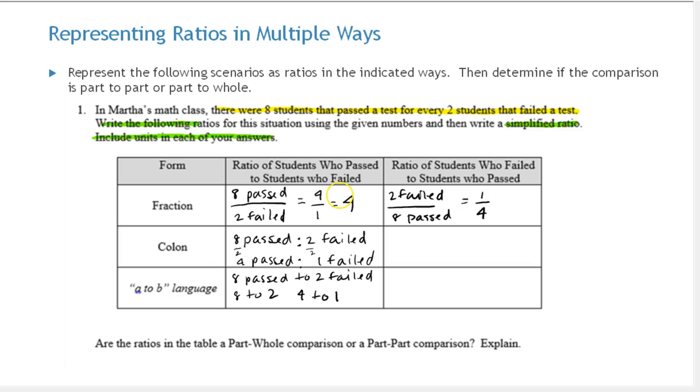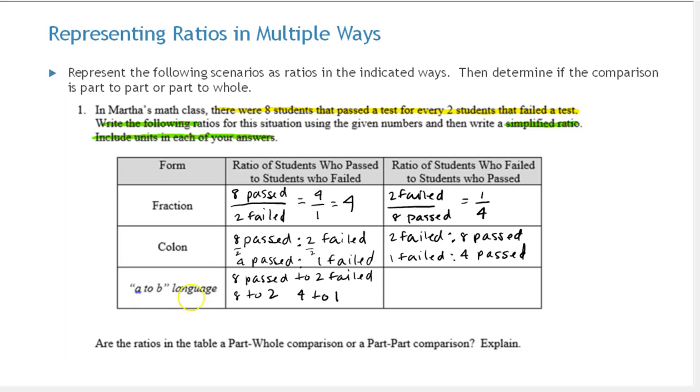Notice this is just the reciprocal, and that makes sense because we just reversed the places in the numbers and what place they go into. For colon notation, we'd use 2 failed, colon, 8 passed, which is equivalent to 1 student failing for every 4 students that passed.